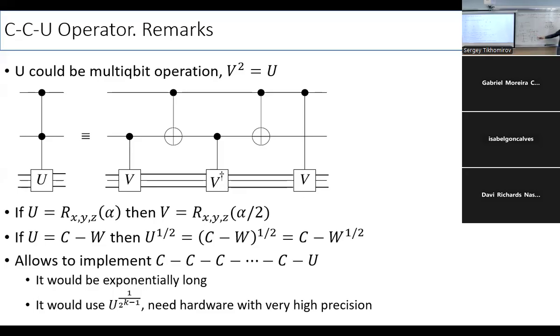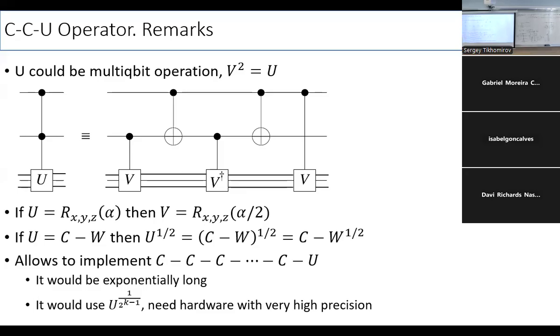I can consider the square root of this operator and substitute it into this scheme. In that case, I will find a representation of K control U via K minus 1 control U. So V would be equal to K minus 2 U, and because here we see controlled V, it becomes K minus 1 control.